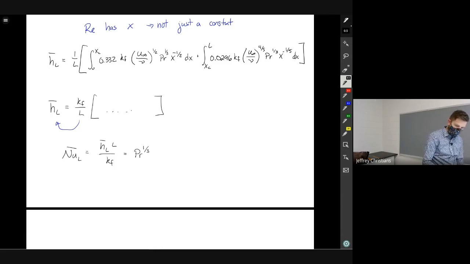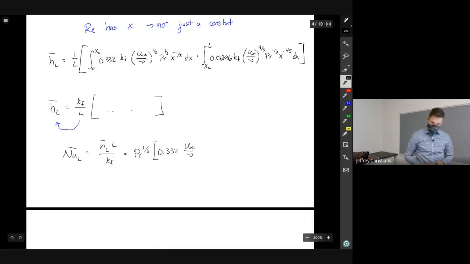And now we're going to have 0.332 times the integral from 0 to xc.